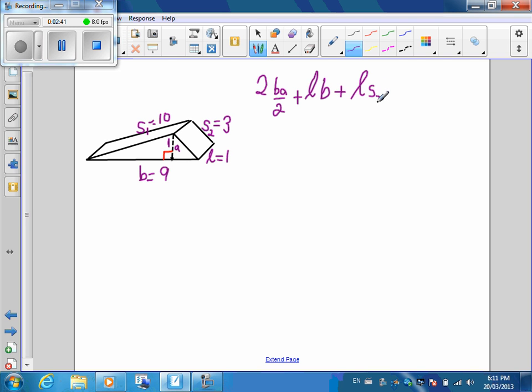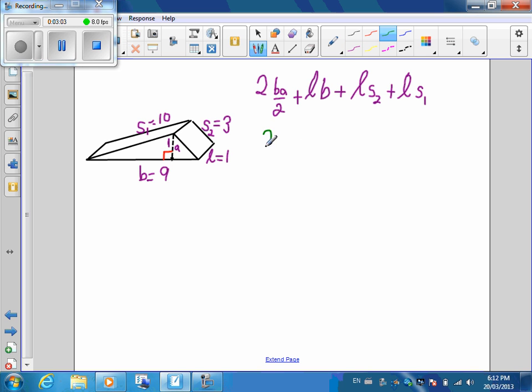So length times S2, plus the larger slope, which looks like a ramp, length times S1. It doesn't matter which order you put them in, as long as you make sure you're counting every face and not repeating one.